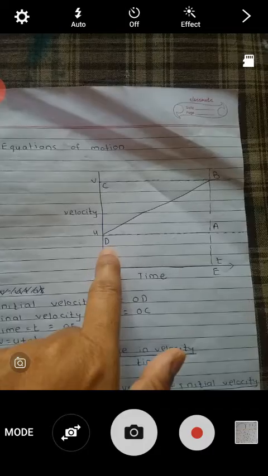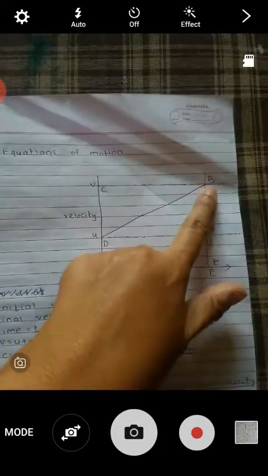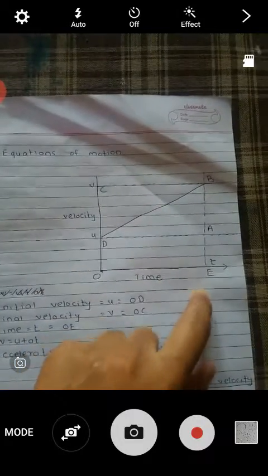The object travels from D to B, and from B there is one parallel line to x-axis and one more parallel line to y-axis. From B there are two parallel lines, one for x-axis and one for y-axis.